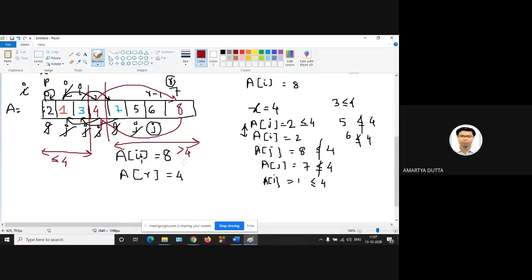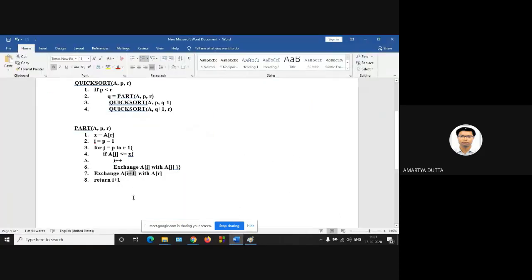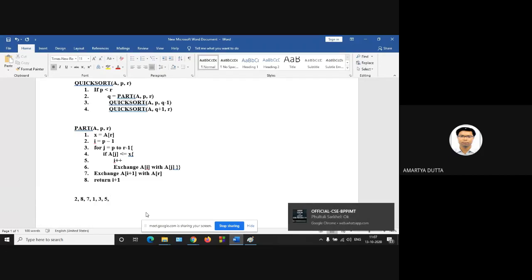So according to Lomuto partitioning, the last element, what is your initial array? 2, 8, 7, 1, 3, 5, 6, 4.